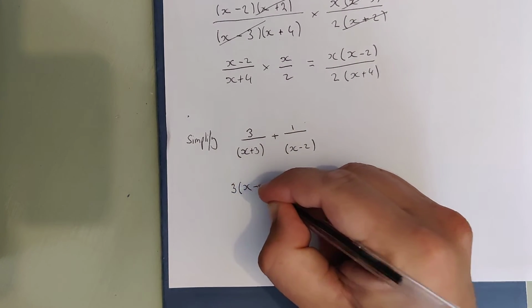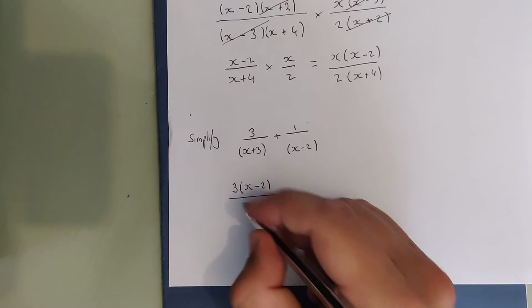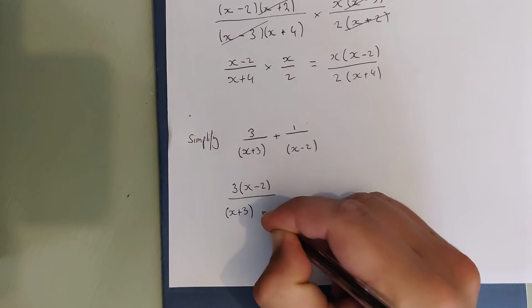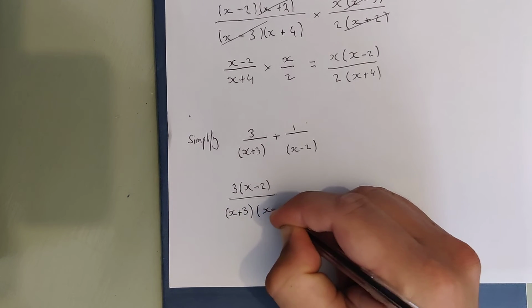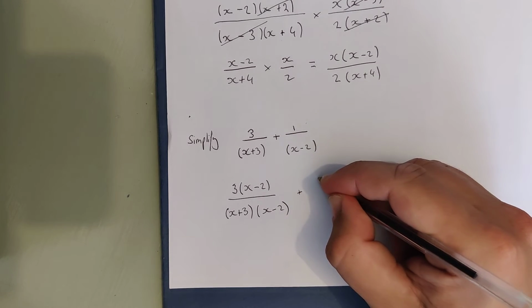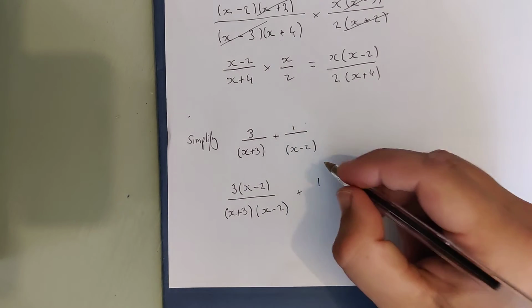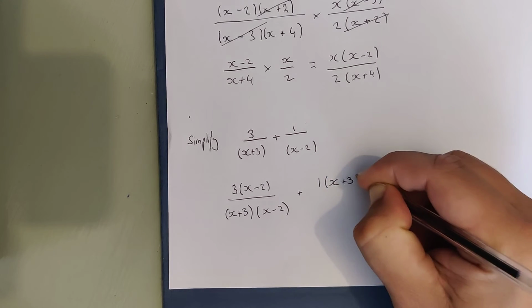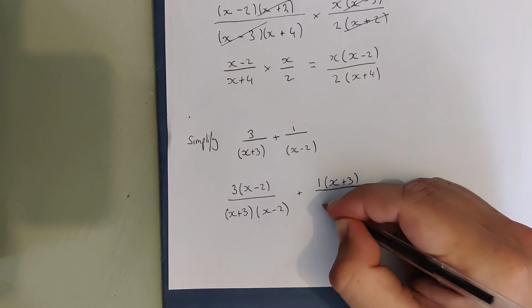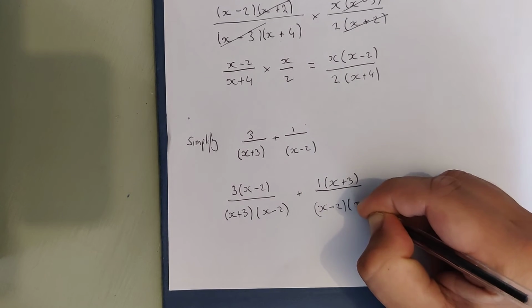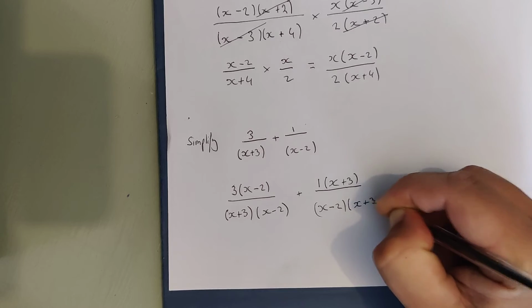So 3 multiplied by the x minus 2 over x plus 3 multiplied by the x minus 2, plus, we multiply up 1 x plus 3 over x minus 2 x plus 3.